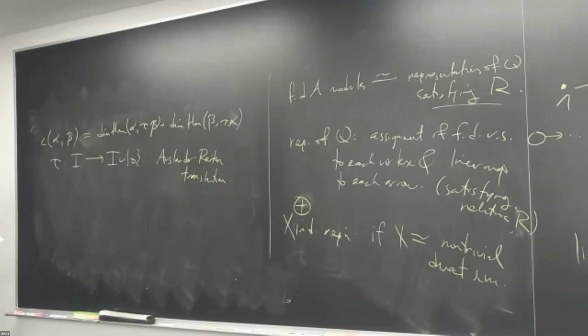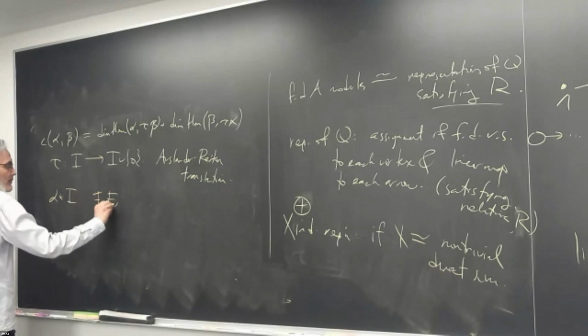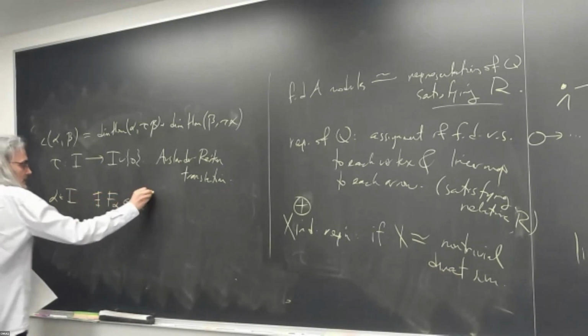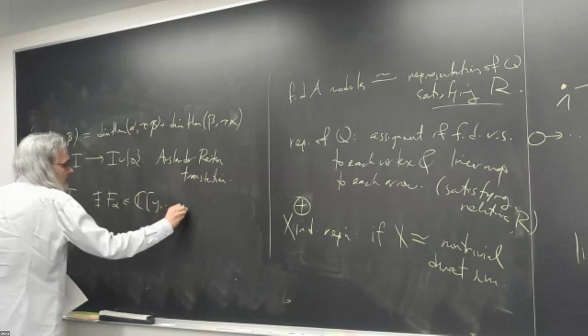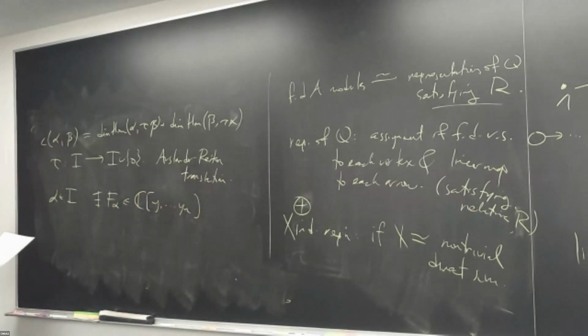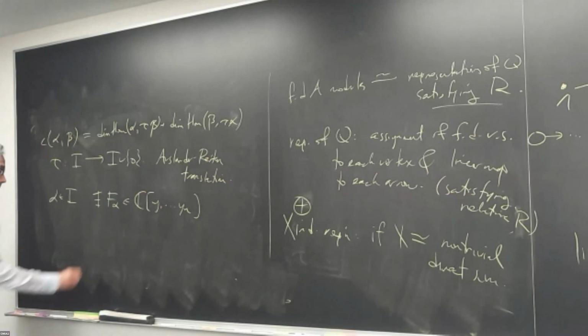In order to do that, I need to introduce F polynomials. So for alpha in I, there's some F polynomial. This generalizes the F polynomials from cluster algebras.